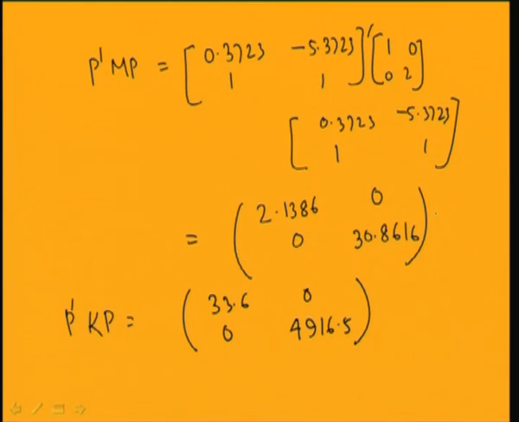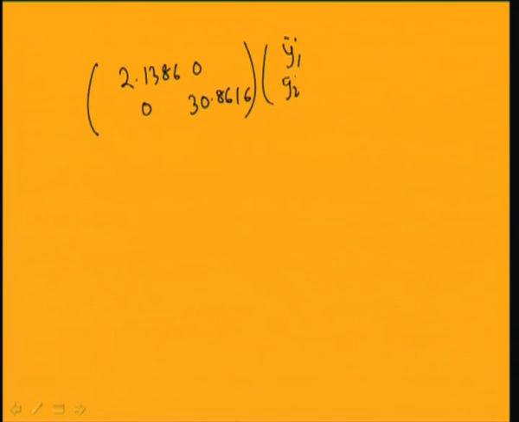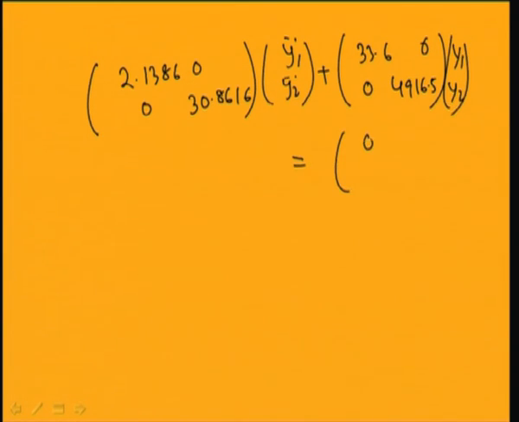matrices. So you can write this equation in this form. This becomes 2.1386, 0, 0, 30.8616, times y1 double dot, y2 double dot, plus this matrix 33.6, 0, 0, 4916.5, times y1, y2, equal to 0, 0.